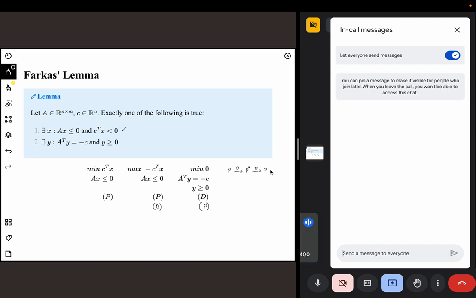So we said the primal is unbounded, which means the solution for the dual should not exist. But from this statement, this is the dual we got. So this is wrong. This cannot exist. So the second statement will be false if the first one is true. Is that clear? This is part one.